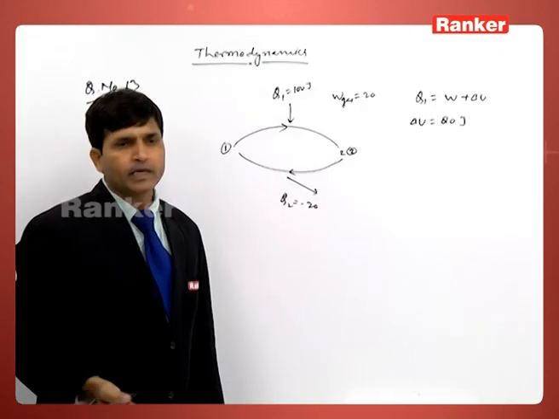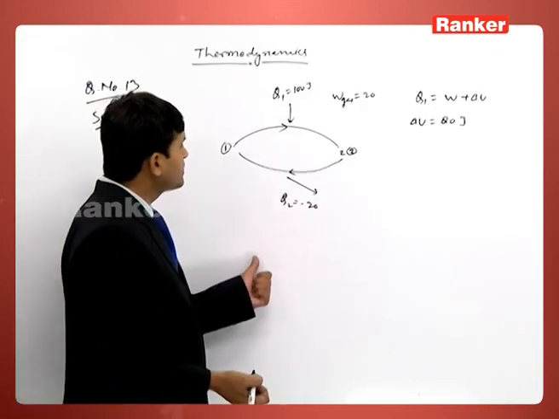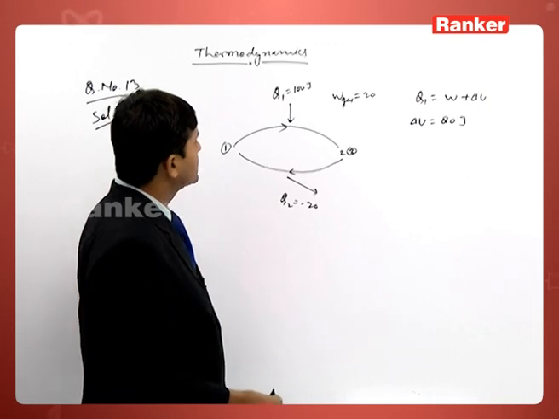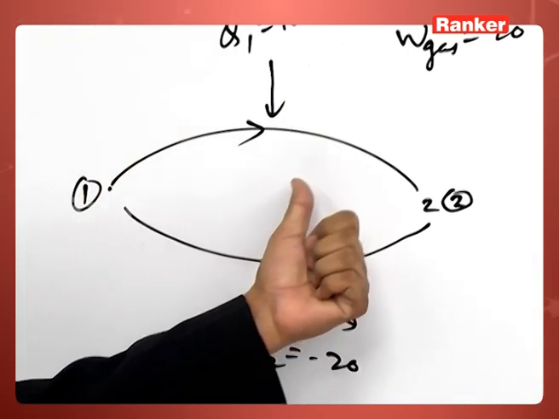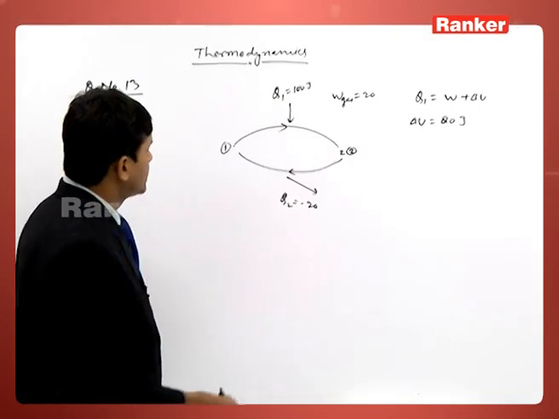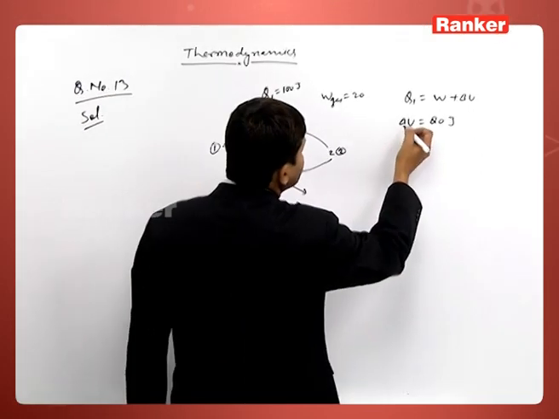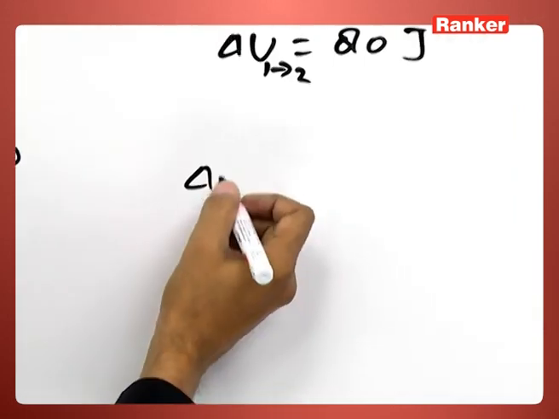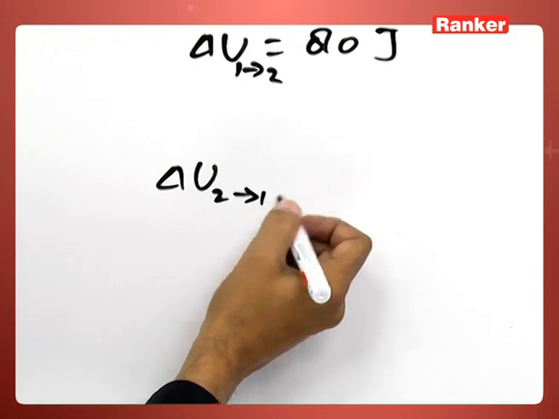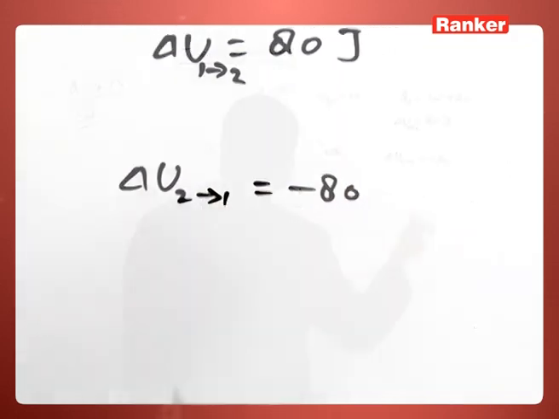They are asking for the work done. As we know, the internal energy of the system will remain the same, the change in internal energy over the full cycle will be 0. If this is delta U for 1 to 2, then delta U for 2 to 1 will be minus 80.